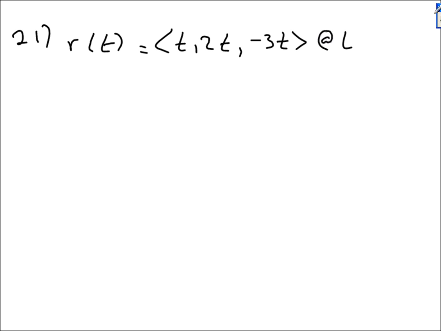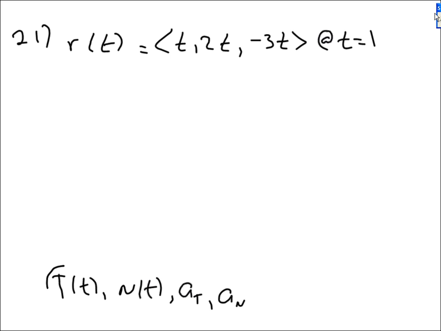We want to do things with t equaling the number 1. And what we want to find out is the following. We want to find out t of t, n of t, a sub t, and a sub n.